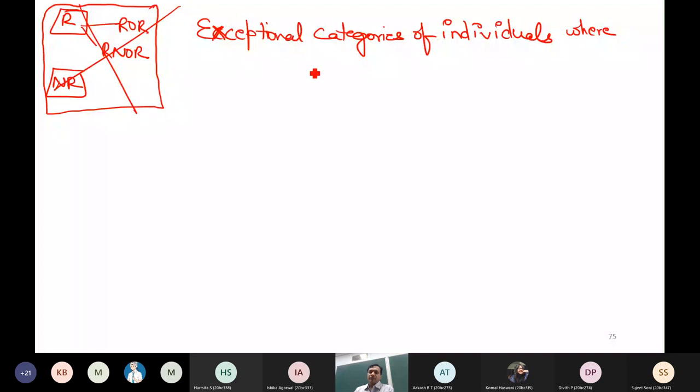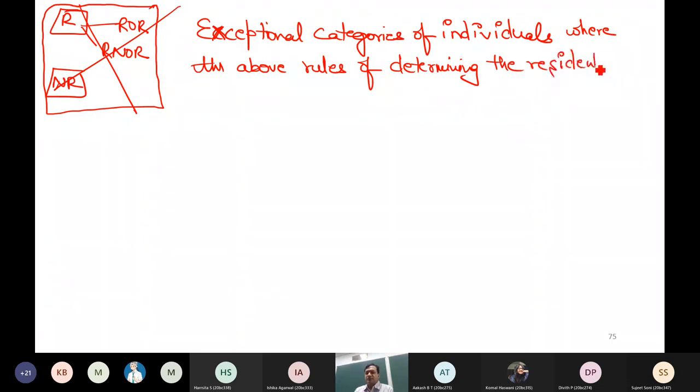where the above rules of determining the residential status are not applicable.